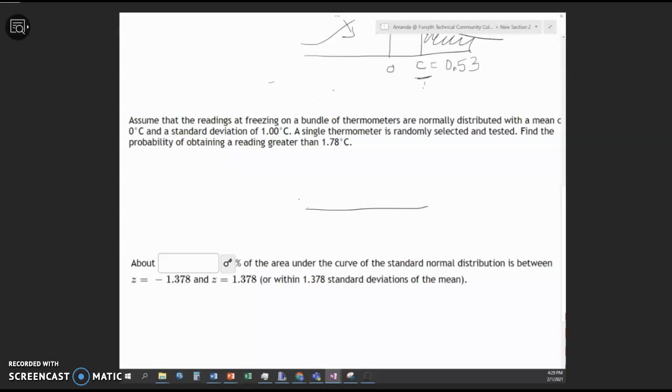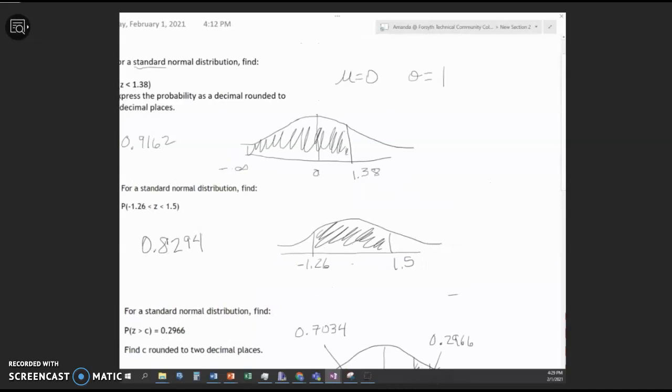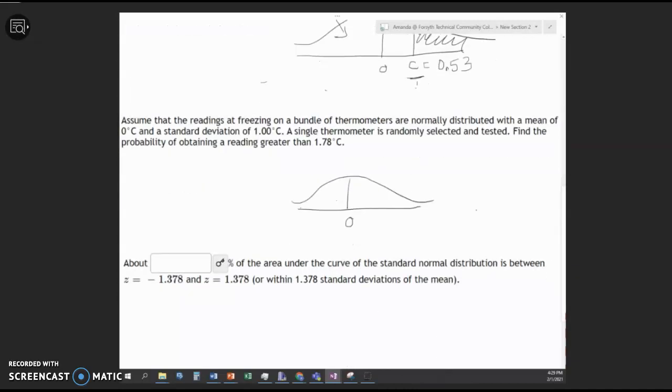I'm going to draw my picture as always. I have a 0, standard deviation of 1, and we want the probability that our reading is greater than 1.78. So this is just like one of the earlier problems we did, only we want normal CDF.